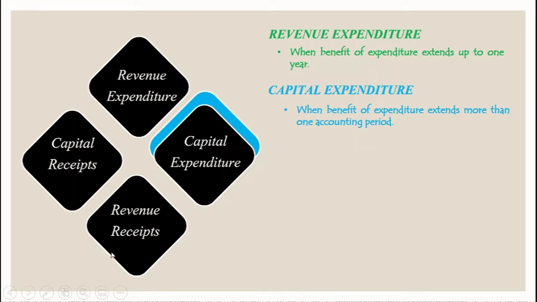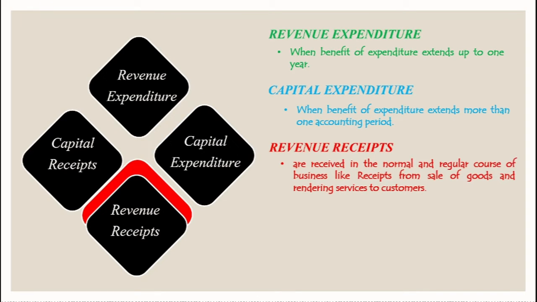In the same way, the receipts also are divided into two categories, that is revenue receipts and capital receipts. Revenue receipts are normal or regular course of business receipts. These are regular in nature, operating in nature, recurring in nature, by selling goods or rendering services to customers.